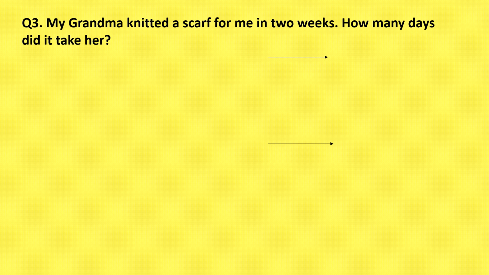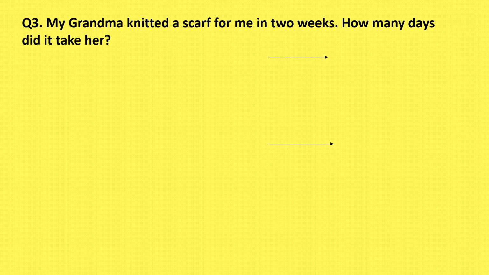Now, children, question number 3. My grandma knitted a scarf for me in 2 weeks. How many days did it take her? Children, this question is based on conversion of time. Here the question is asking how many days. So you have to change weeks into days. Now, weeks is bigger than days.